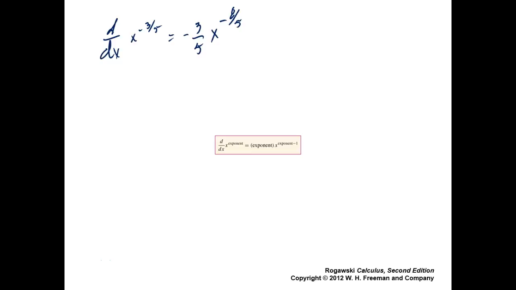Now, you could see that written in other ways, and don't let it confuse you. This would be a negative 3/5 x to the 8/5. Is that the same? Why not?